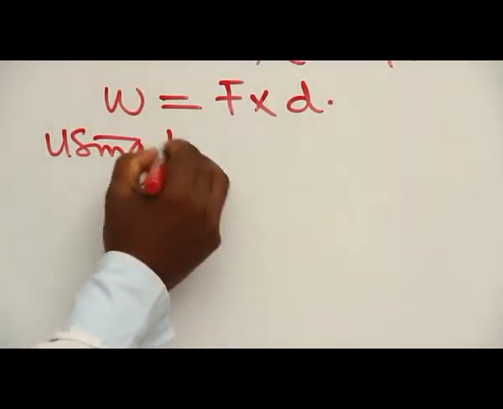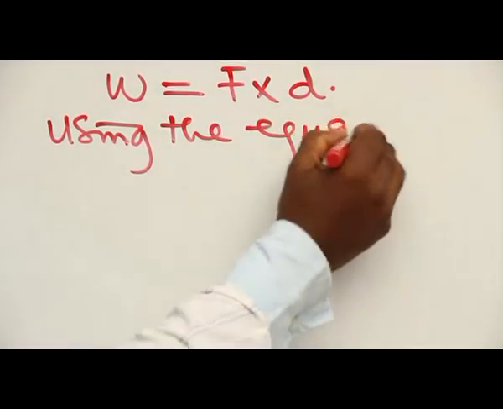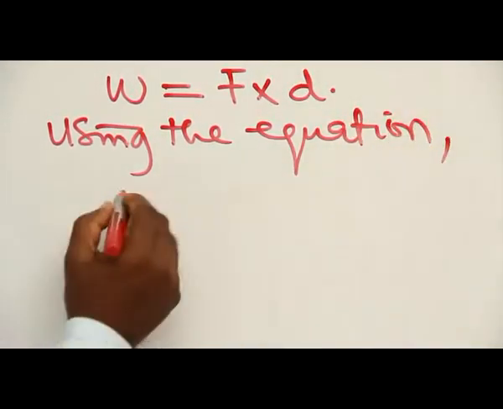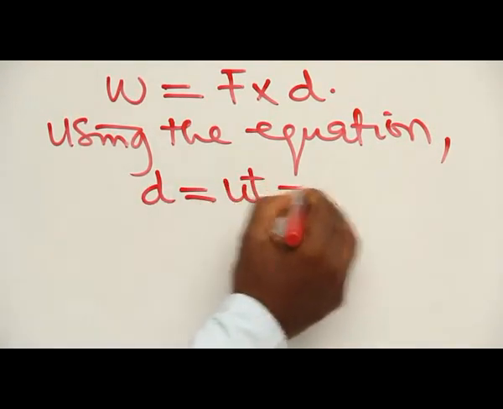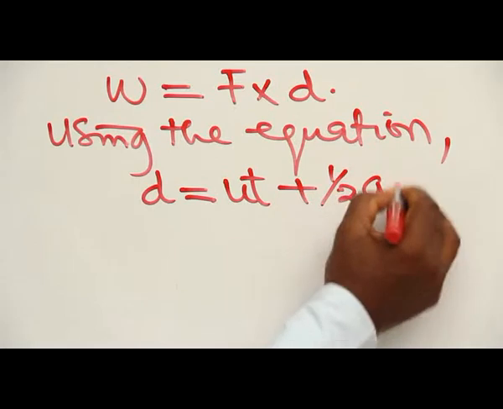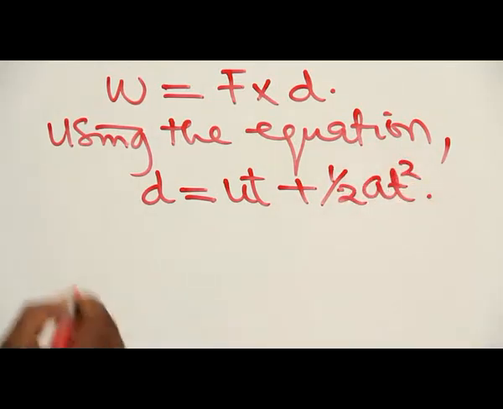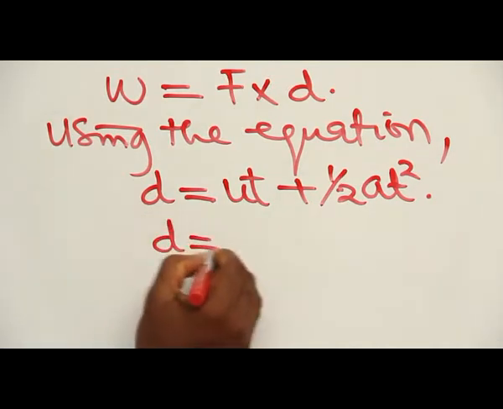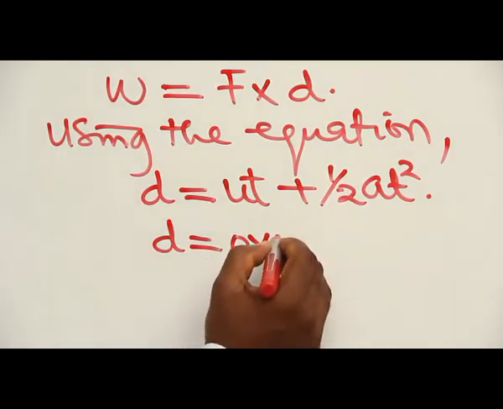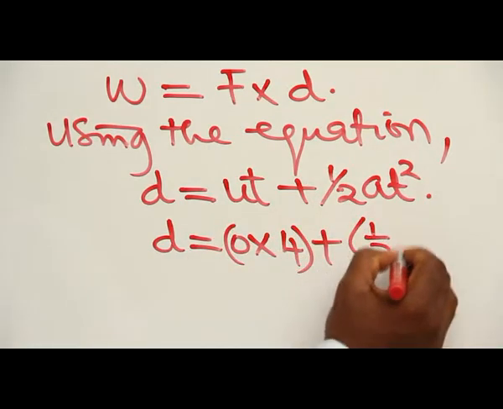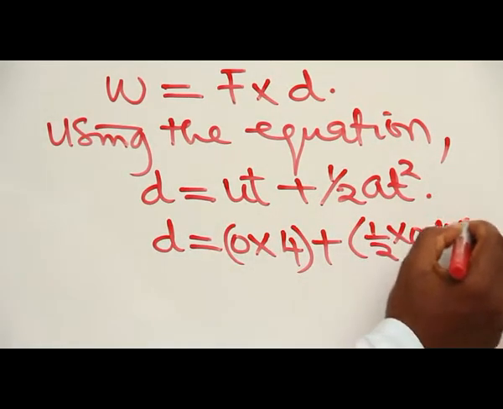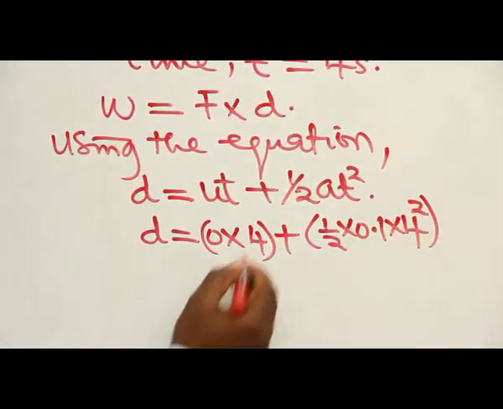Using the equation of motion, d is equal to ut plus half of at squared. In any case, d here is being used to represent distance. d will give me 0 times time taken 4 plus half of 0.1 times 4 squared.